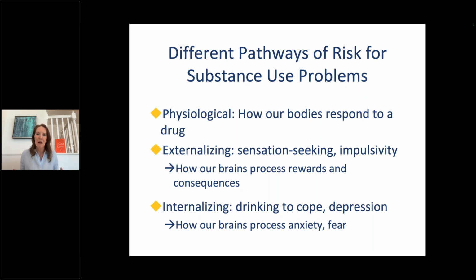So some of our kids, some of us too, of course, have brains that are wired to be more attuned to rewards and less attuned to immediately thinking through the long-term consequences. So this externalizing risk pathway shows up in individuals who are more sensation-seeking and more risk-taking or more impulsive.